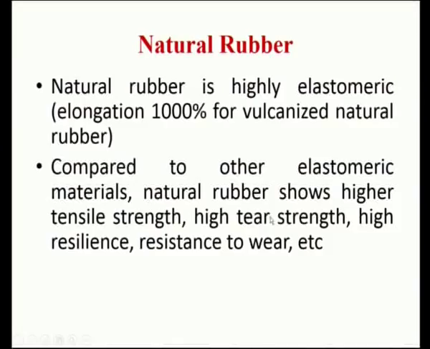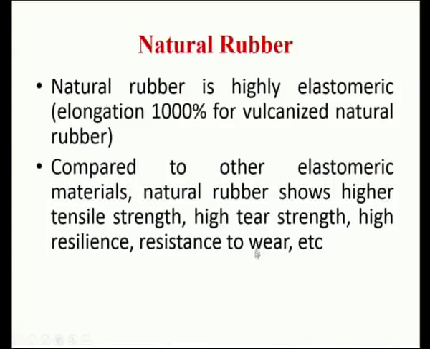Natural rubber is highly elastomeric, with elongation of 1000% for vulcanized natural rubber. Compared to other elastomeric materials, natural rubber shows high tensile strength, high tear strength, high resilience and resistance to wear.